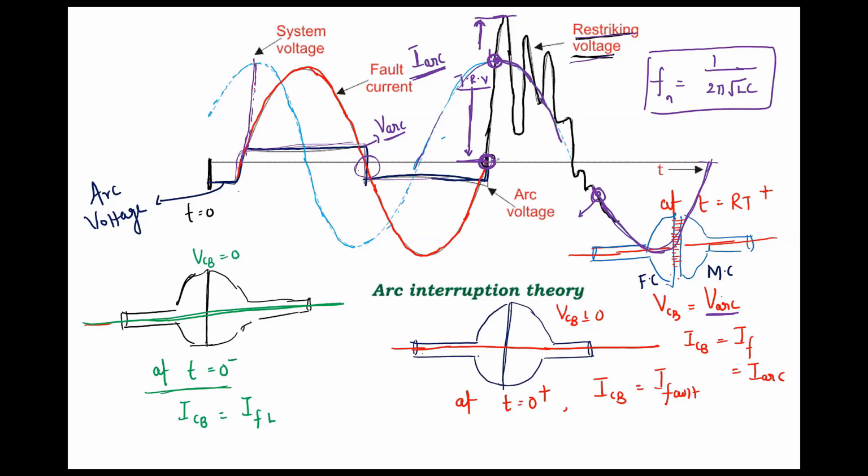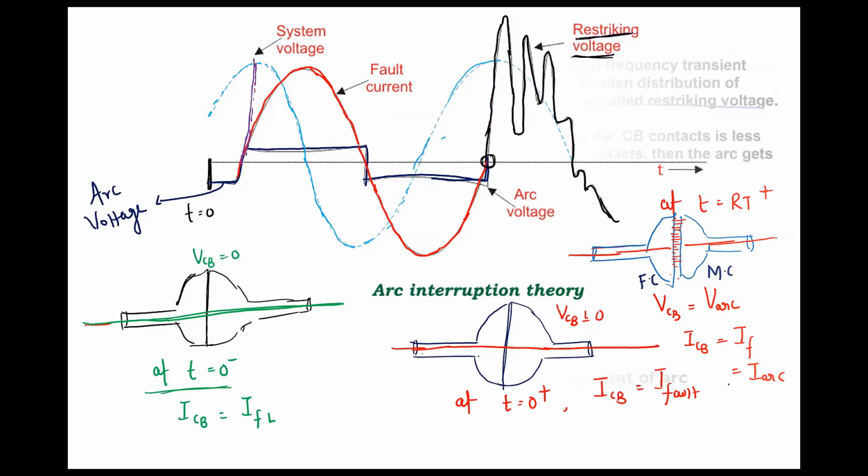After these transients have died down, the system voltage will come back between the circuit breaker poles. So this is the point where the final arc extinguishing happens, the normal frequency 50 Hertz voltage at the instant where the final arc is quenched.